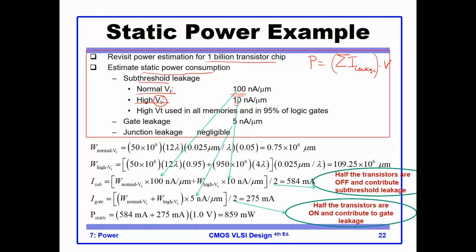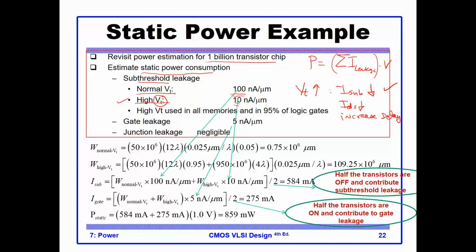Okay, so why don't we use everything high VT? Unfortunately, if VT goes up, well, here's the good news: subthreshold current goes down. This is what we want. But unfortunately, you reduce the current, which increases delay.